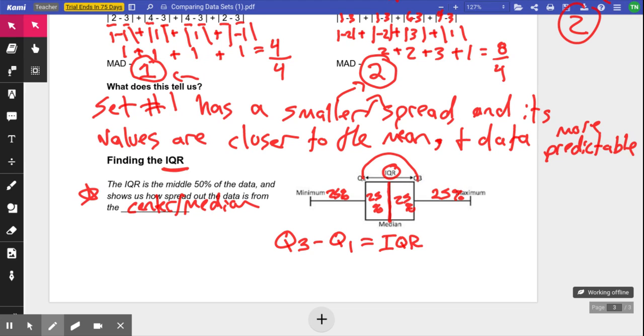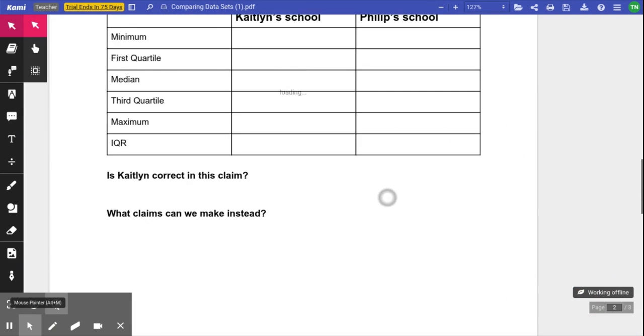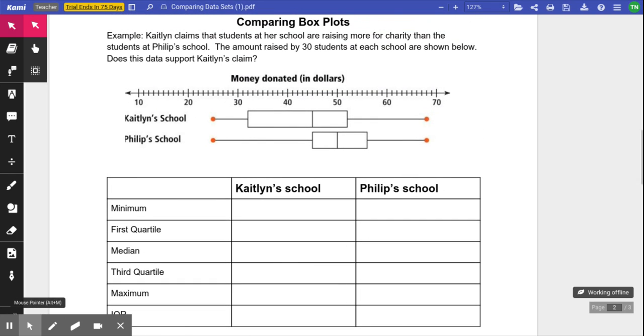You can certainly make claims about that, as we saw in the earlier problem, looking at Caitlin and Philip's school. I think we said this earlier, but the middle 50% of Caitlin's school was a lot less predictable than the middle 50% of Philip's school, right? He was going from something like $45 raised to $56 raised for the middle 50% of students, whereas Caitlin's students were something like $32 raised all the way up to $52 raised.